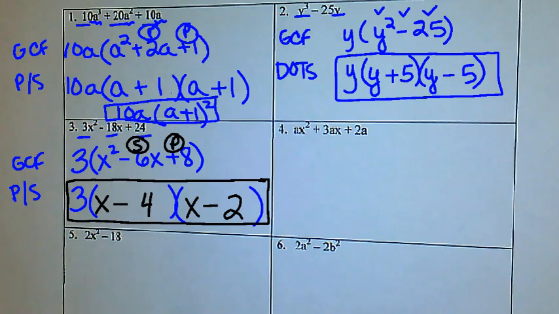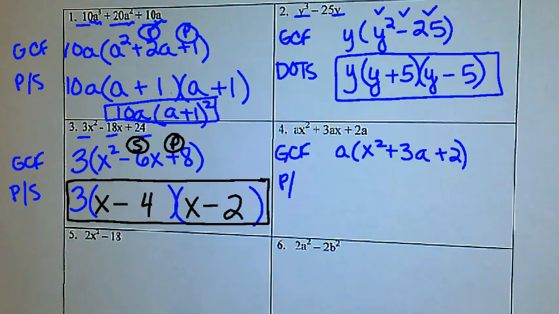Okay, let's keep going. All right, so I have an ax squared, 3ax and a 2a. So I can definitely take an a out. So I'll use my GCF. So x squared plus 3x plus 2.